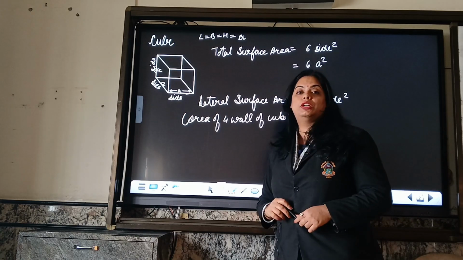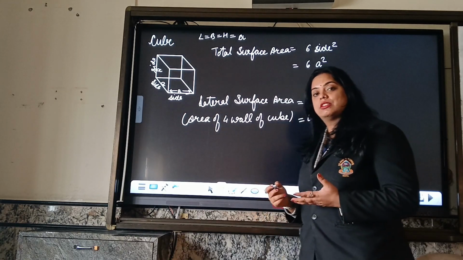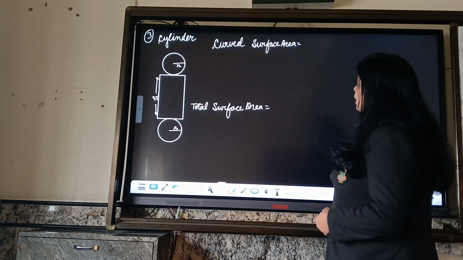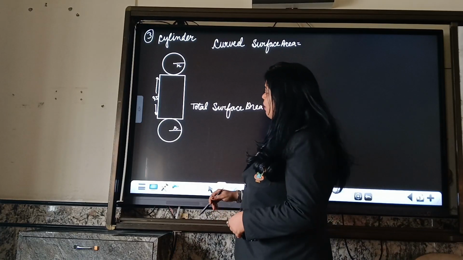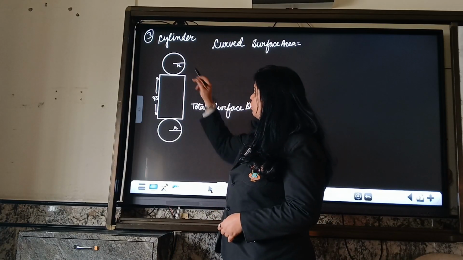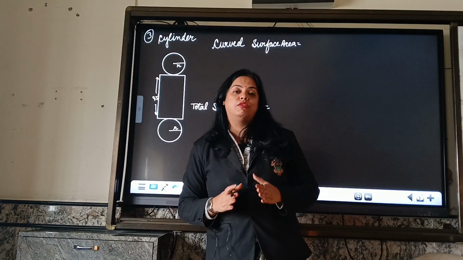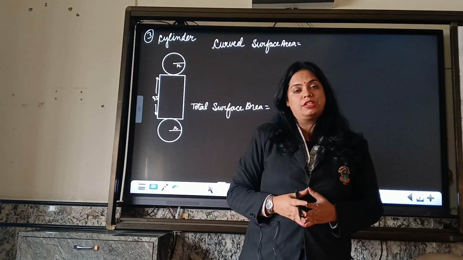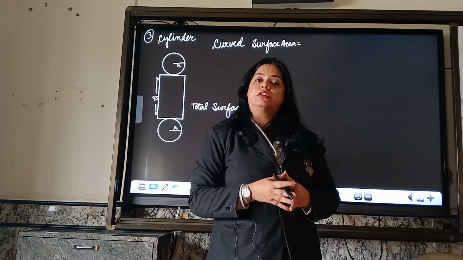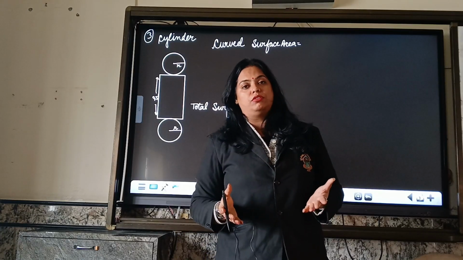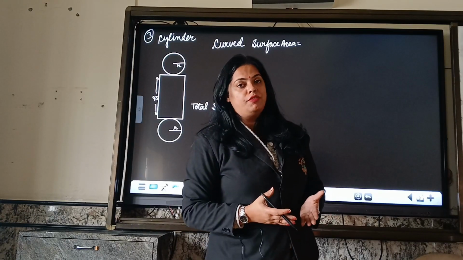Let us move to the third solid shape, which is the cylinder. In a cylinder we can see we have one curved portion and 2 circular parts. Before explaining total surface area, I would like to discuss curved surface area, because without finding the curved surface area we are not able to find the total surface area of a cylinder.